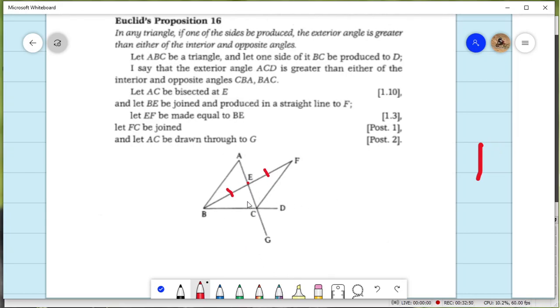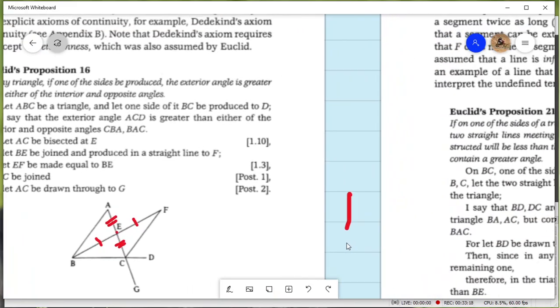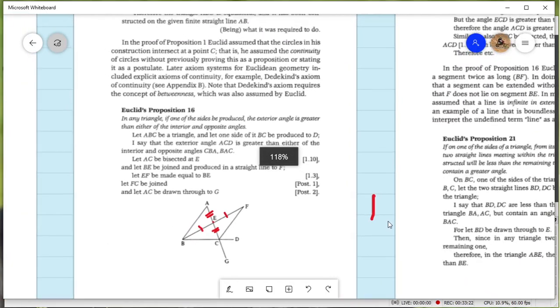Now note that this line segment BE bisects line segment AC, meaning EA should be equal or congruent to line segment EC by definition of a bisector. Okay, let's zoom out here to see the proof.